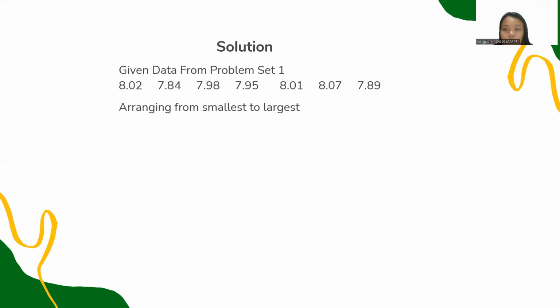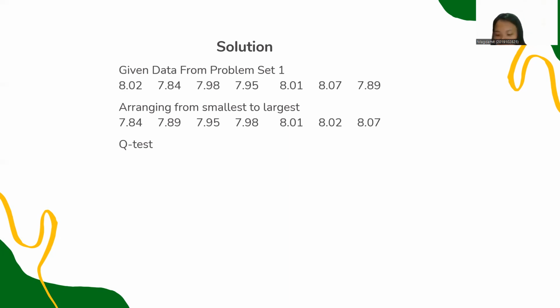Arranging from smallest to largest, the dataset is now 7.84, 7.89, 7.95, 7.98, 8.01, 8.02, and 8.07.